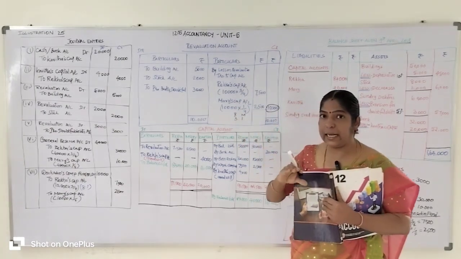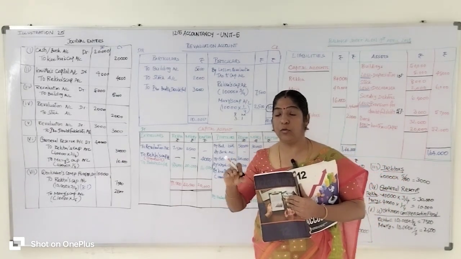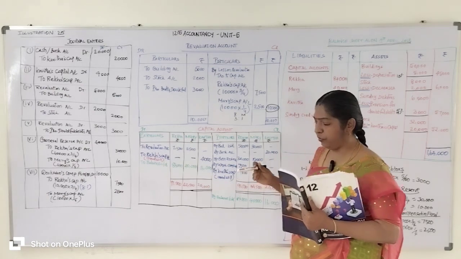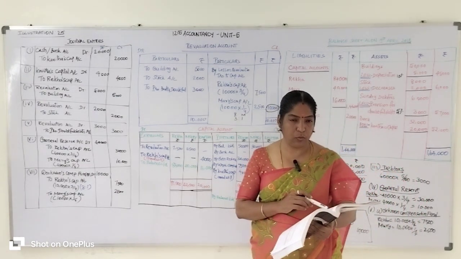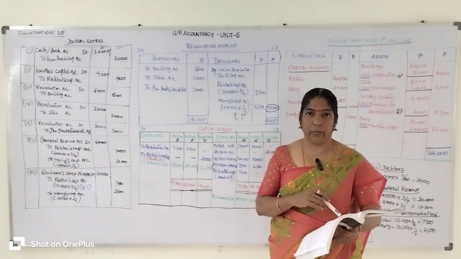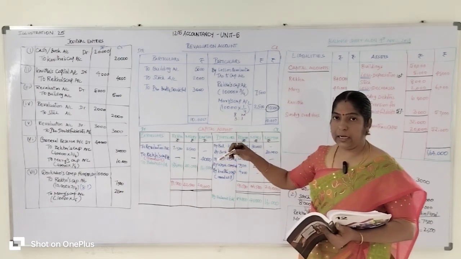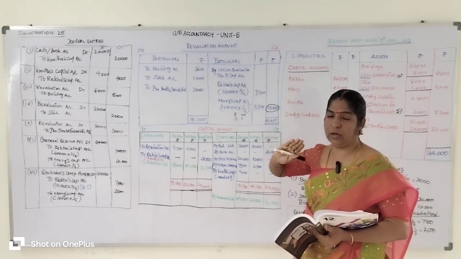So listen here carefully. Even if they didn't ask to prepare the capital account, we need to prepare the capital account. Why? Because there are lots of adjustments here. For example, general reserve will be calculated to the capital account and workman compensation fund will be calculated with the capital account. And we are going to prepare the ledger account.